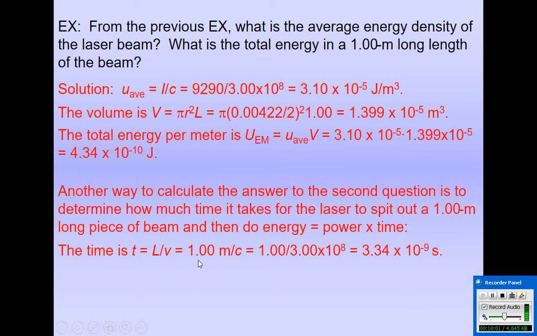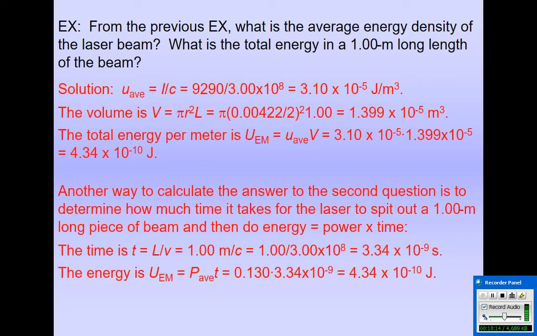How long does it take for light to travel 1 meter? When you take 1 meter and divide by the speed of light, you get that the time is 3.34 times 10 to the negative 9 seconds. So then we can do power times time, and we get 4.34 times 10 to the negative 10 joules for the total energy.